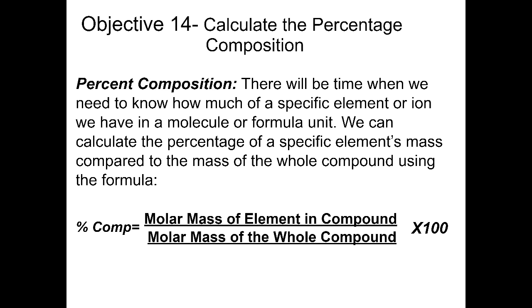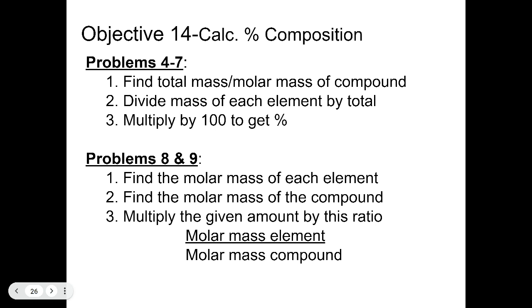Then you can take it out of 100 and see what's left, and that'll give you the percentage of your final remaining element. I feel like I rambled on a little too much. Let's move on to the next slide, which is the start of our problems.